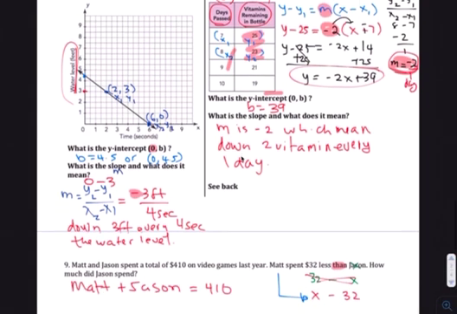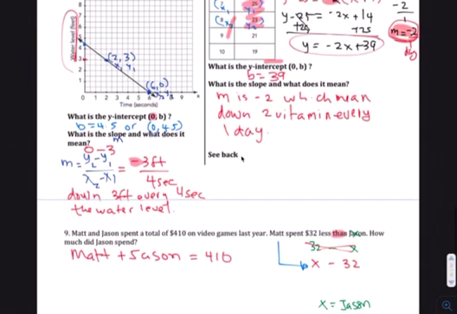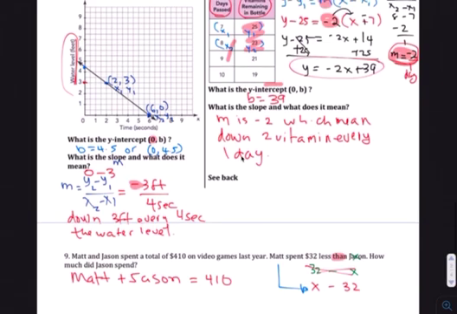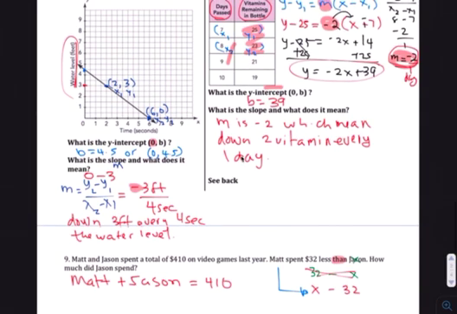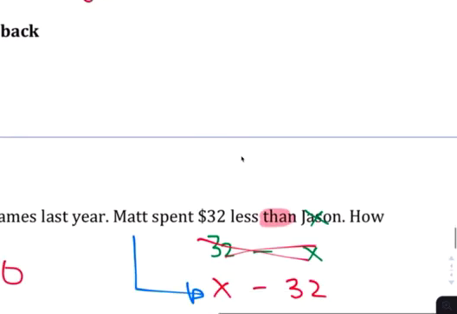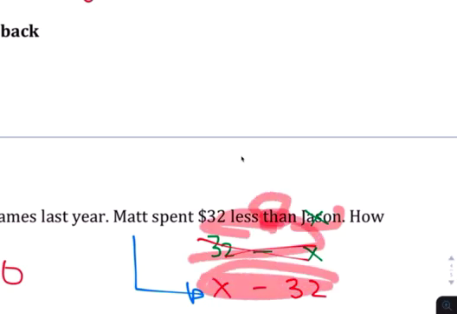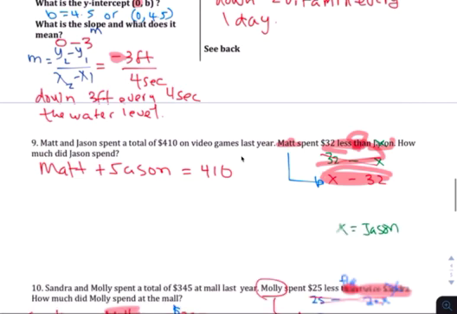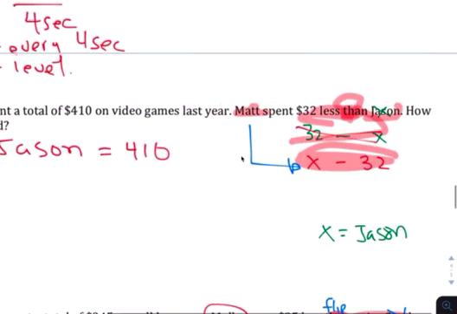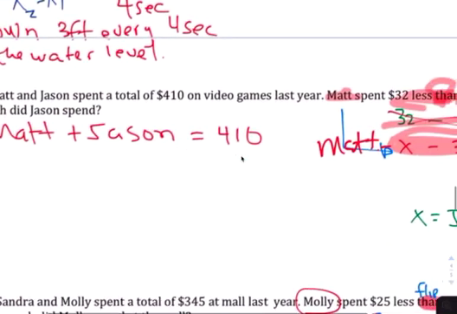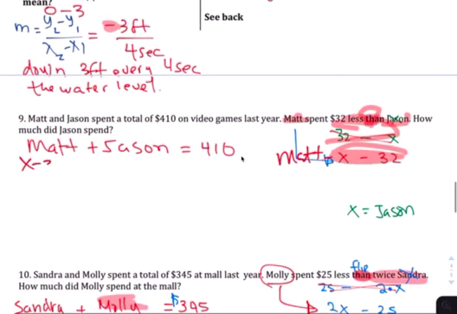The back, in all the classes we started out, okay, I think. Matt plus Jason equals 410. And then we know we need to flip because of "than," because you can't write it like you see it. So this is Matt. So for Matt, we put x minus 32. For Jason, we put x.